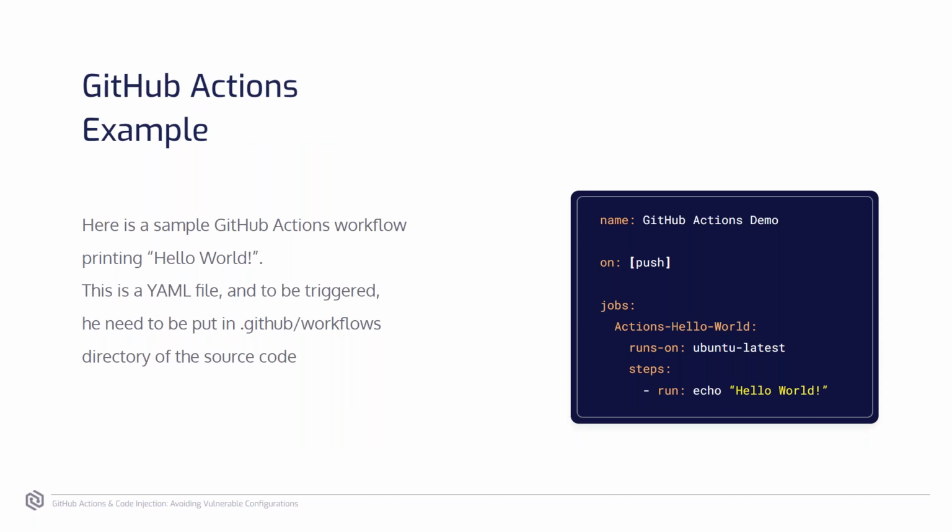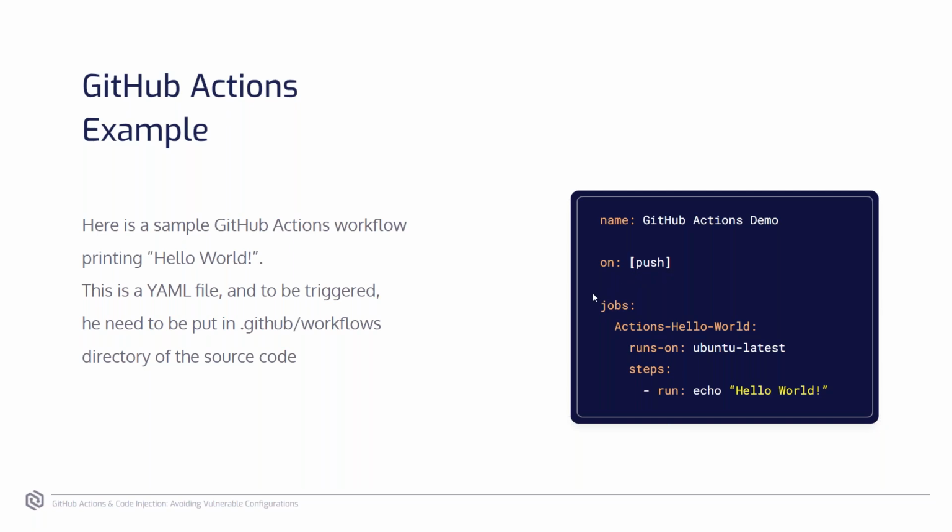So what does a GitHub Actions workflow look like? First of all, it's a YAML file, and it contains a name and a triggering event for when this workflow will run. In this example, the event is a push to the repository. So on every push into the GitHub repository, we will run this action.